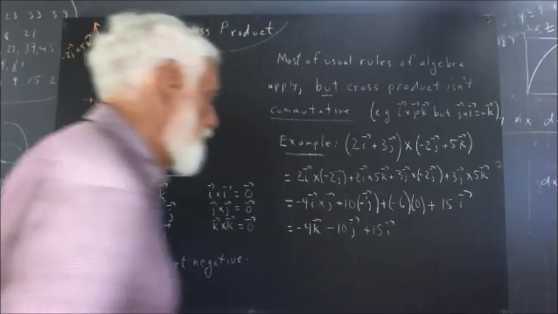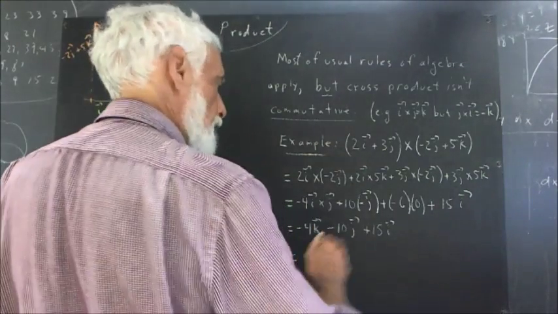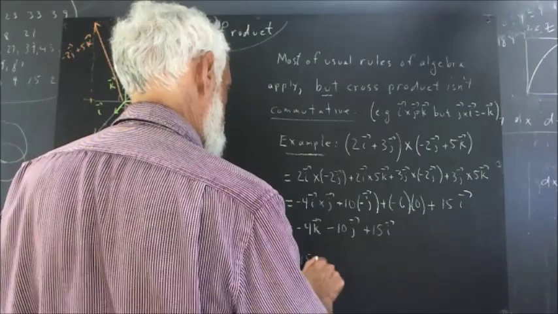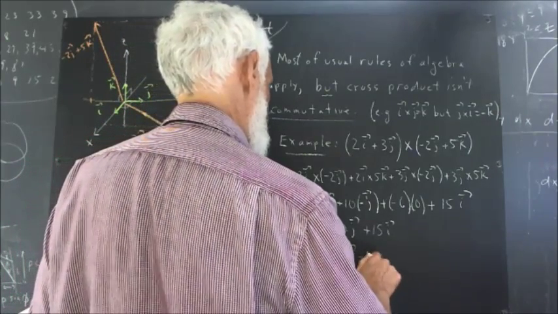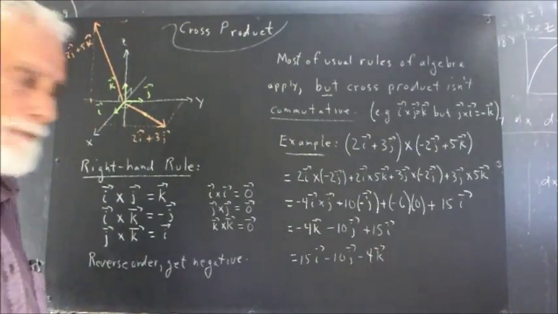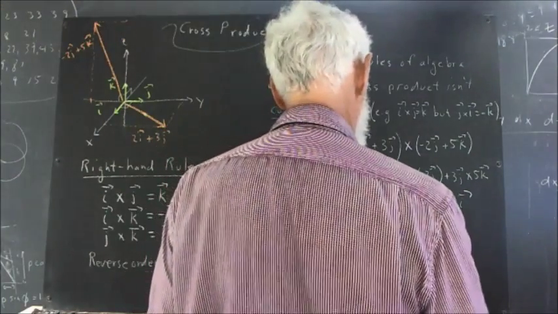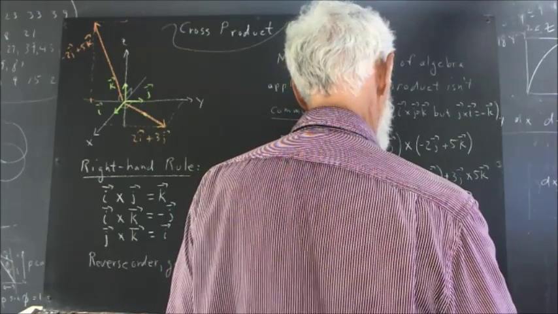Now it's conventional to write these in the order i, j, k, so it's going to be 15i minus 10j minus 4k. And of course, we could also write that as the vector 15, negative 10, negative 4.